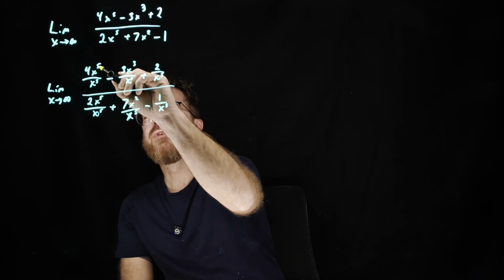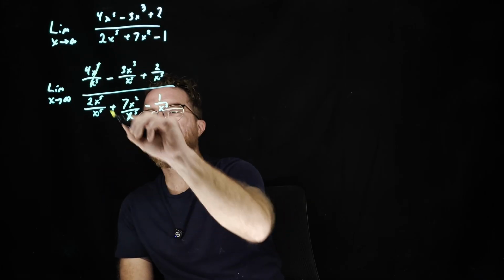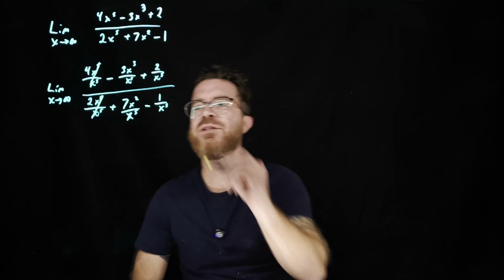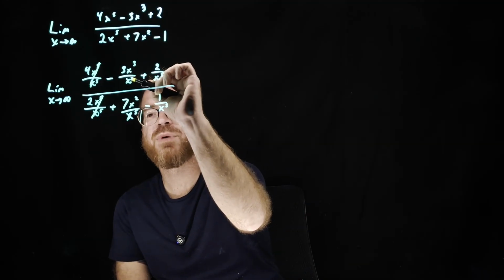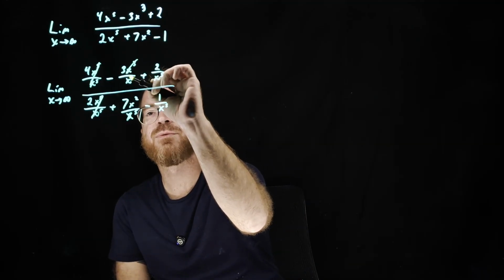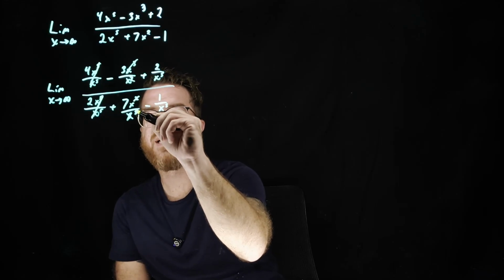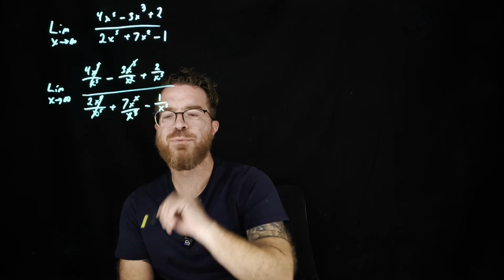So this x to the 5th power is going to cancel with this x to the 5th power. This x to the 5th power is going to cancel with this one. This x cubed is going to cancel with 3 of the x to the 5th, which is going to leave us with x squared. And then this x squared is going to cancel with 2 of this x to the 5th, leaving us with x cubed.